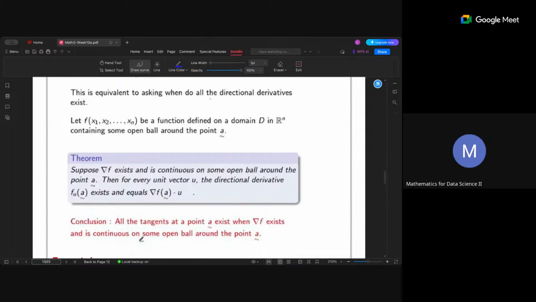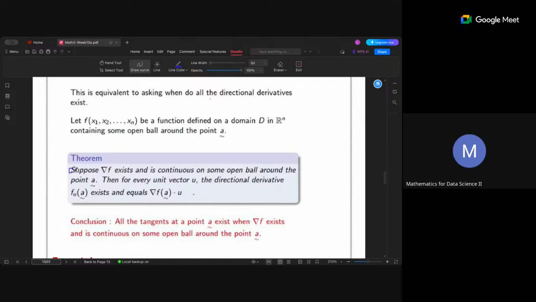You know that. If the directional derivative exists, then the tangent is going to exist, correct? Just as in the case of one variable, the tangent exists if the derivative exists, here the tangent exists if the directional derivative exists. That's all.